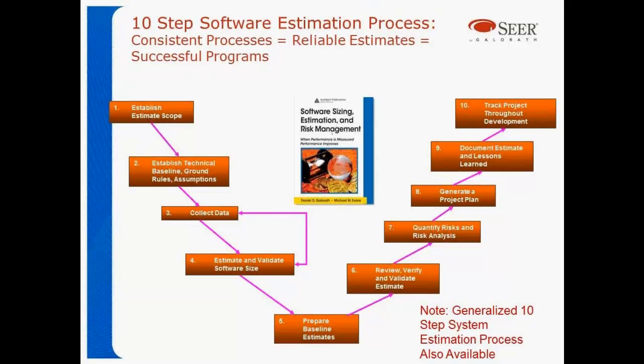One of the things to do in planning is to actually do estimation in an appropriate way, and there's a 10-step process we published some time ago. You can find details of it on the web, on my blog, for example, Galorath.com/WP. I'm not going to go through these 10 steps, and I don't care if you use 10 steps or 7 steps or 16 steps.